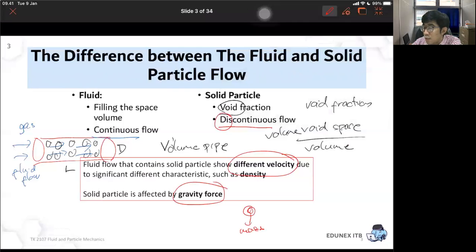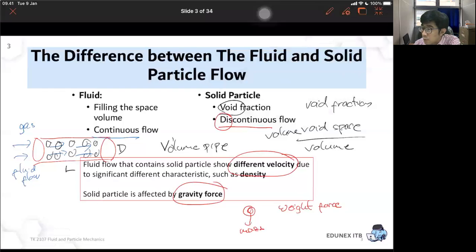It will have weight force, which is influenced by gravity. So during the particle flow, gravity also has a significant role in the solid flow. Until this point, I hope you can understand the basic concept when you have solid particles in the pipe together with the fluid flow.